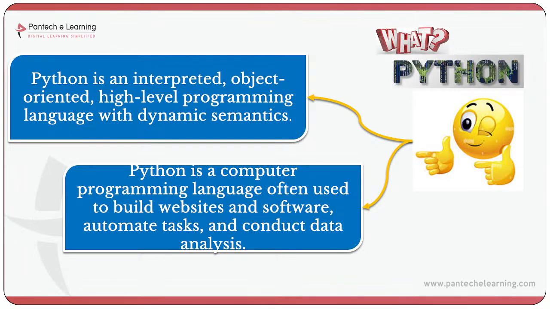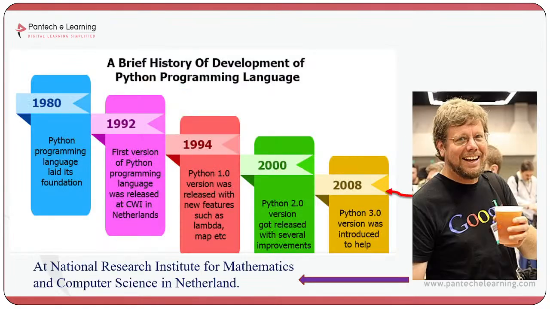Next, history of Python. Python was created by Guido van Rossum at the National Research Institute for Mathematics and Computer Science in the Netherlands. We now have three versions available: Python 1, Python 2 and Python 3.